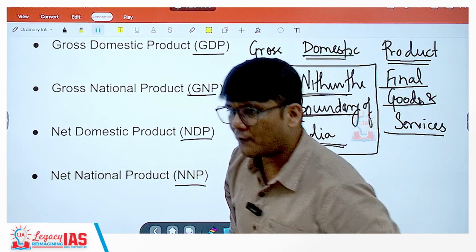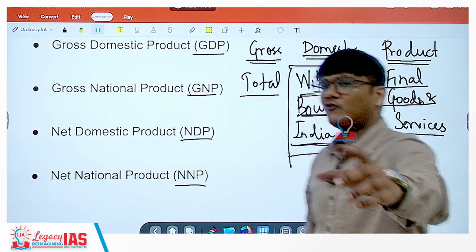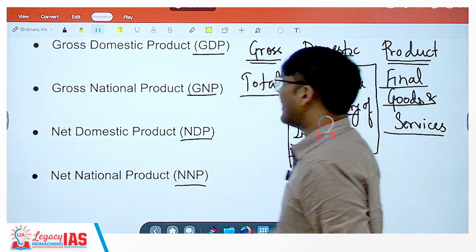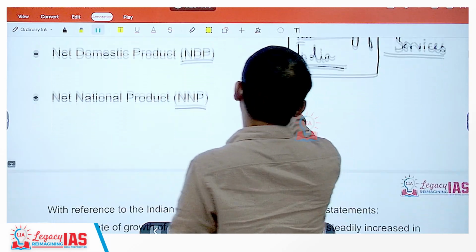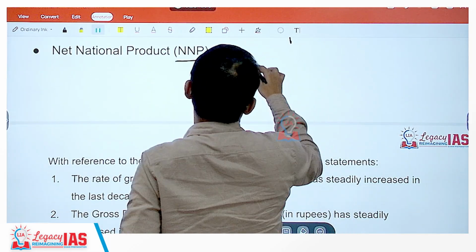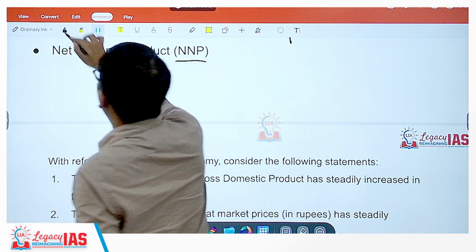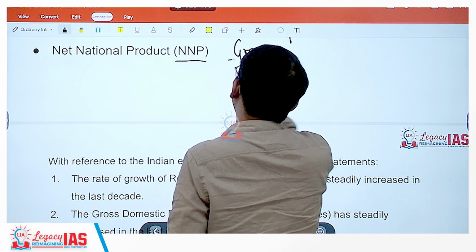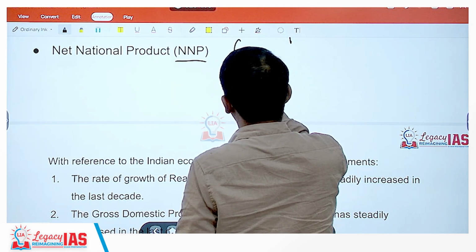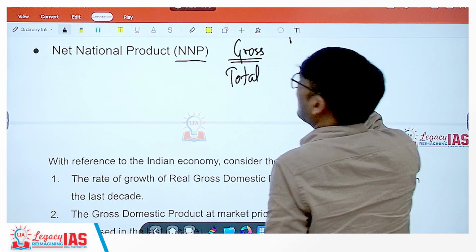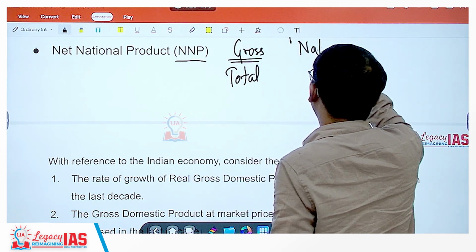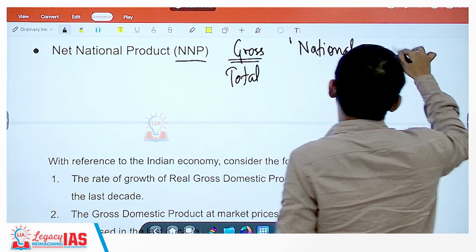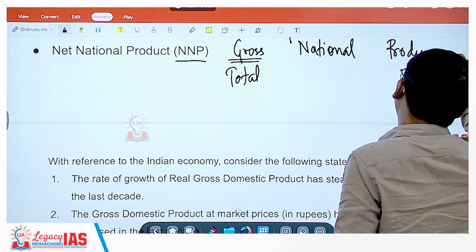Now, the concept of GNP is sort of dissimilar. When you talk about GNP, again similar things would be there. For example, gross is there. So we know the meaning of gross. Gross is total. National product. So we know the meaning of product also.